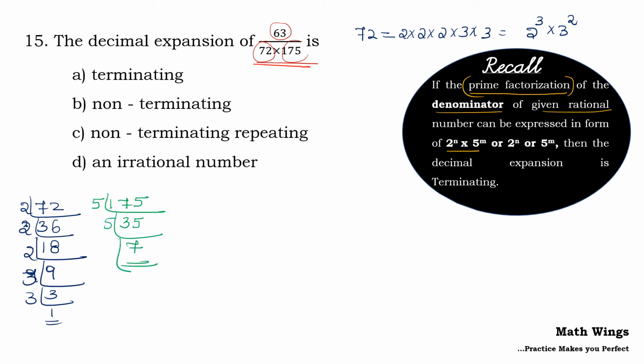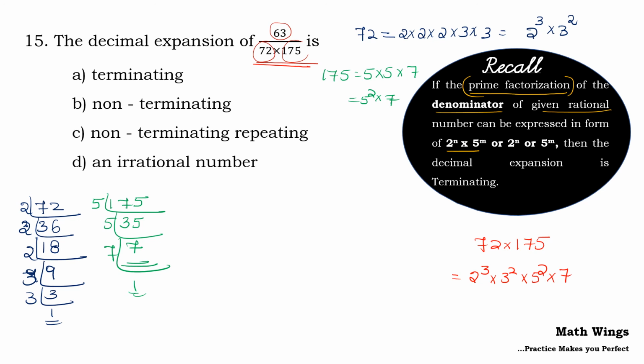Therefore, the prime factorization of 175 is 5 into 5 into 7, that is equal to 5 square into 7. Now, the prime factorization of the denominator, 72 into 175, is equal to 2 cube into 3 square into 5 square into 7.